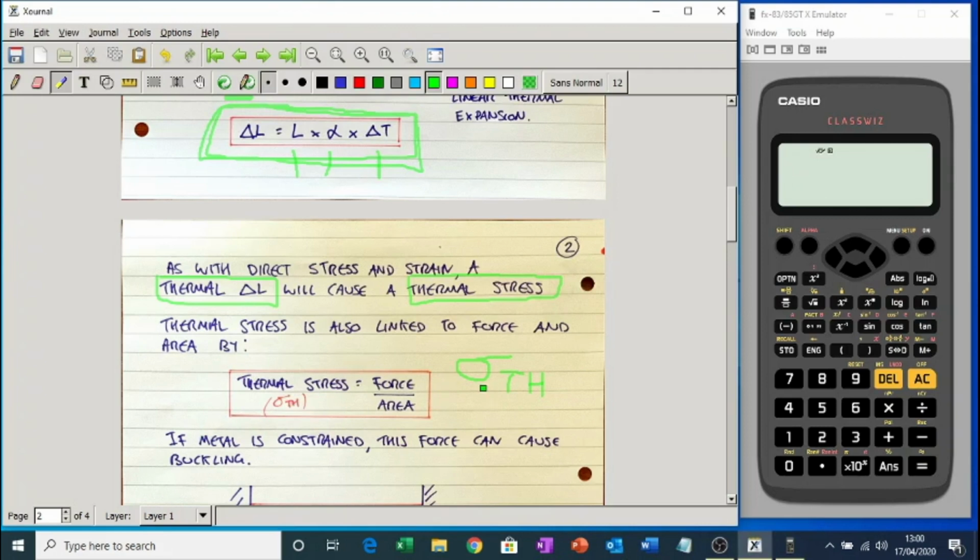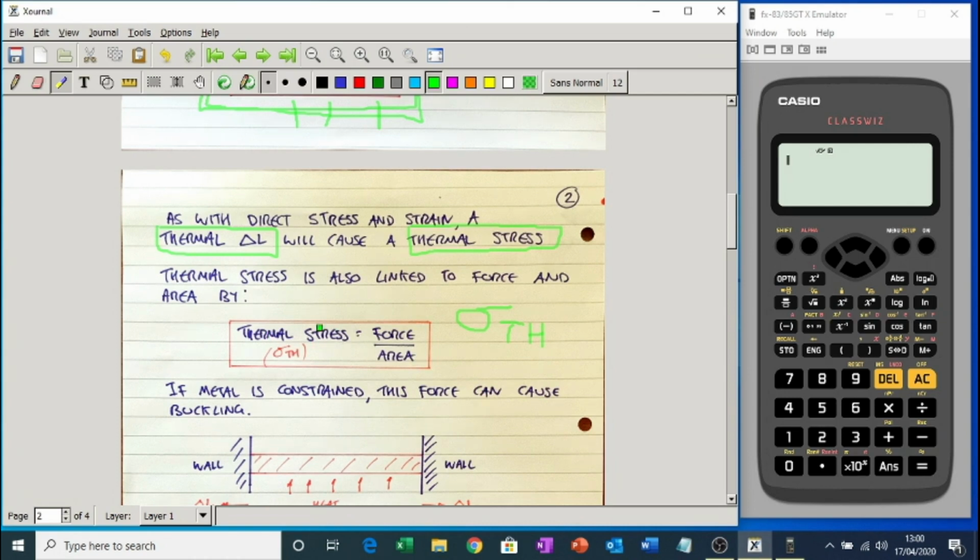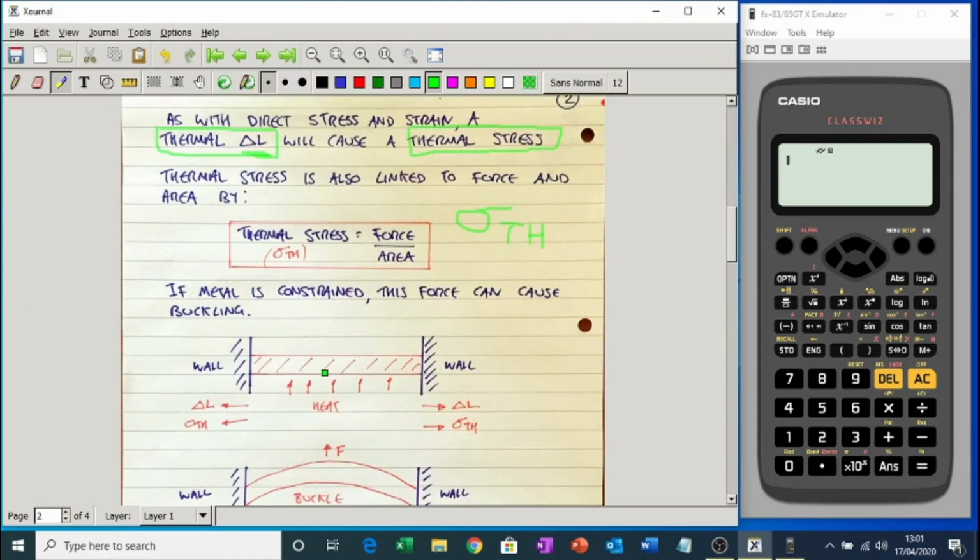Now, this is why we have expansion joints, because if there's a stress, there's going to be a force. And if the change in length can't go anywhere, it's got to go somewhere. So if we had a wall, say, so this is a bit of metal and it's constrained here, so it can't go this way and it can't go that way.